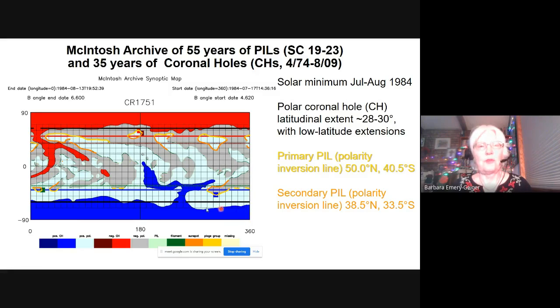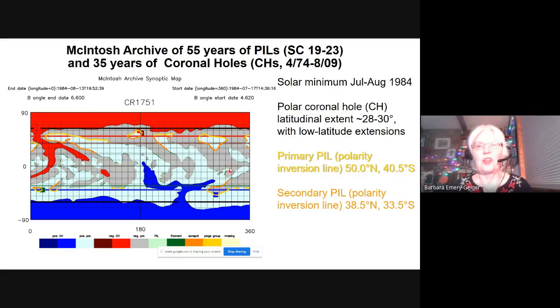We also will then, starting from the pole, go down and find the first polarity inversion line, the first neutral line. And that one we call the primary PIL. And in this case, it's at 50 north and about 40 south. And you see these dashed lines.